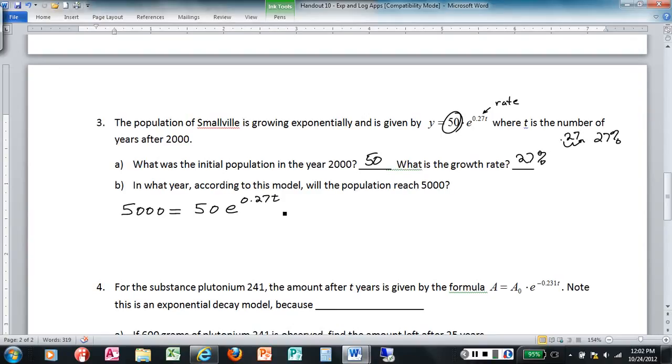Well, ultimately we want to ln both sides, but before we do that, we've got to get rid of the 50. So I'm going to divide both sides by 50. That'll get rid of the 50s on the right. 5,000 divided by 50, that's 100. 50s are gone, so I just have e to the 0.27t on the right.